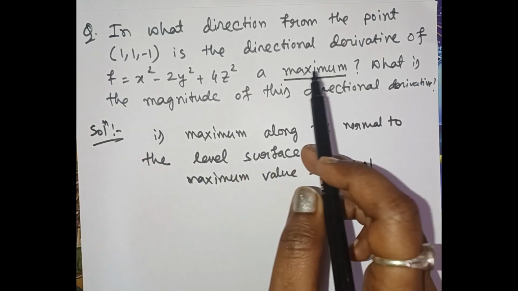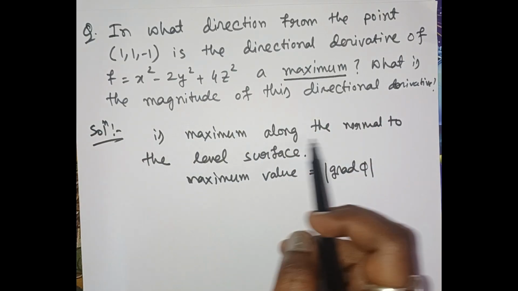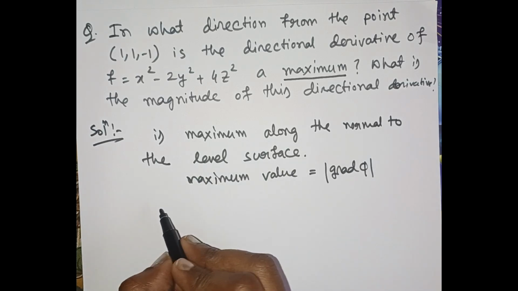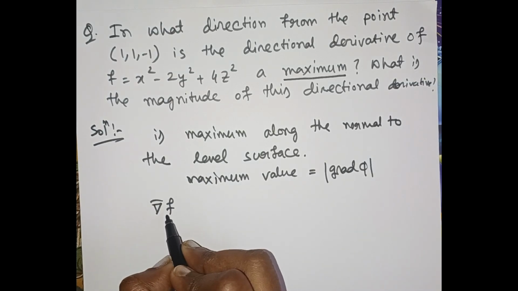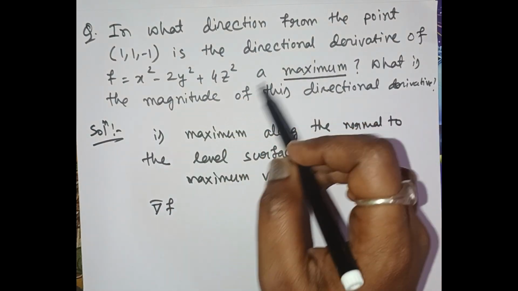Since it asks in what direction from the point, it is given that the maximum is along the normal to the level surface, that is we have to calculate grad f, and this is the required direction in which the directional derivative will be maximum.